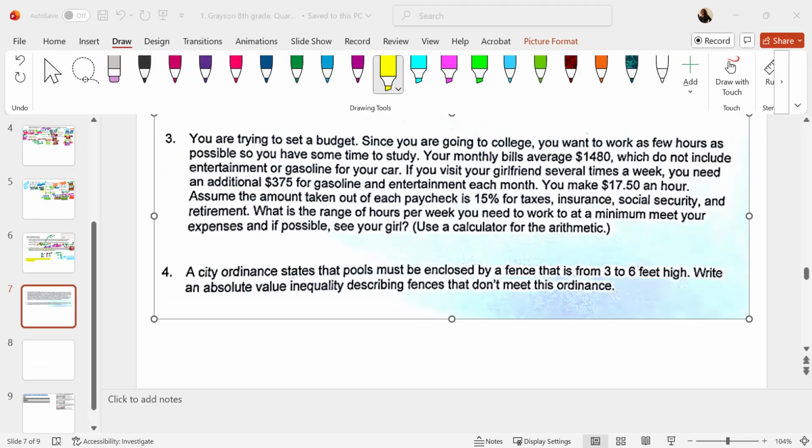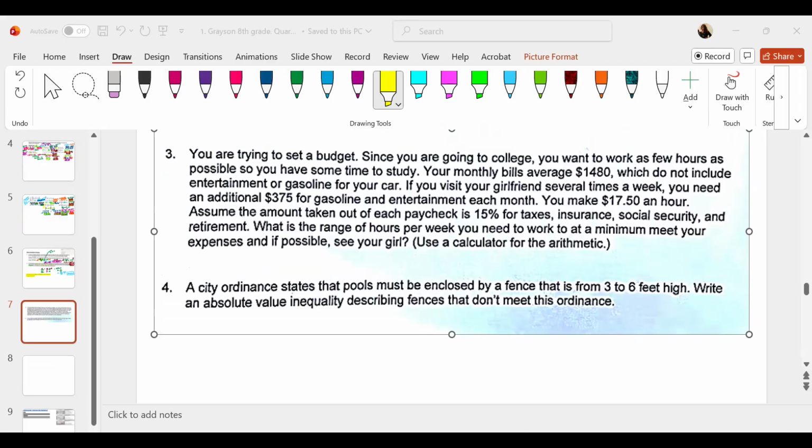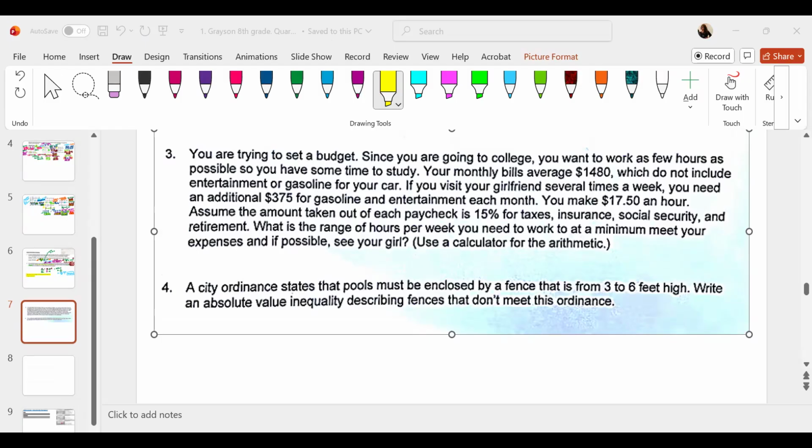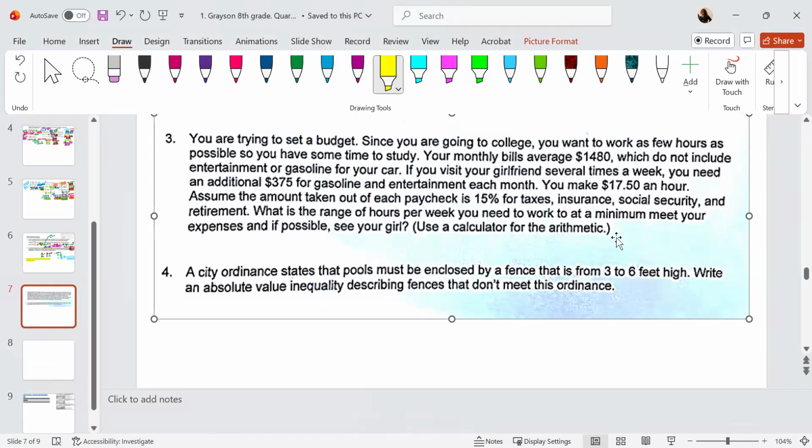So what's gasoline plus entertainment? 750 total. That's not 750. Where are you getting that number from? Or 375.